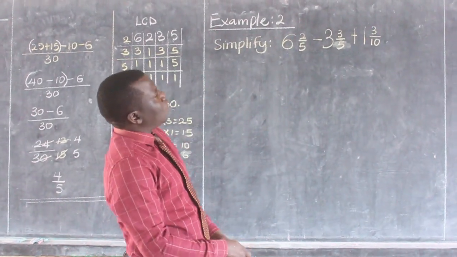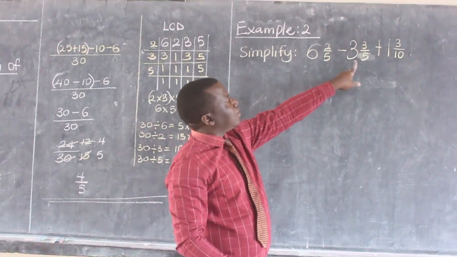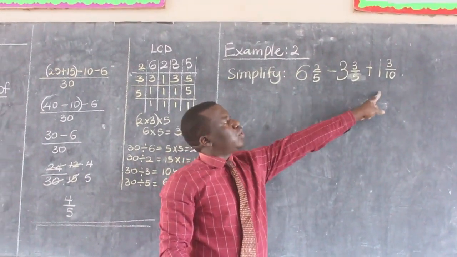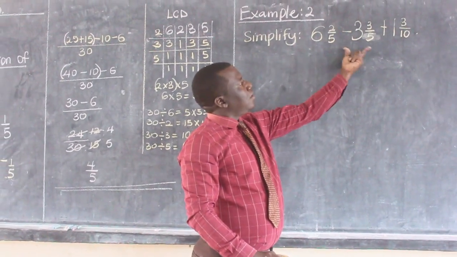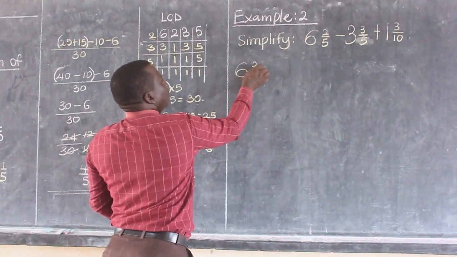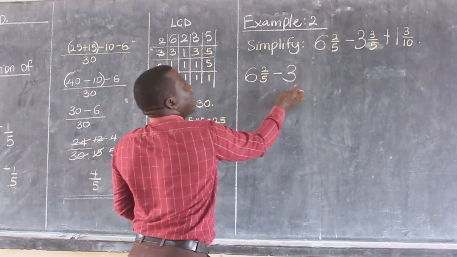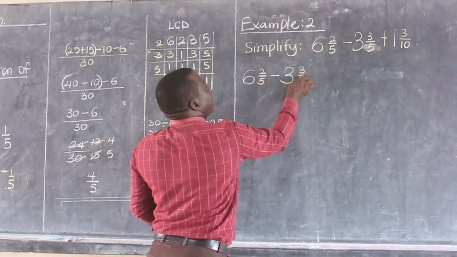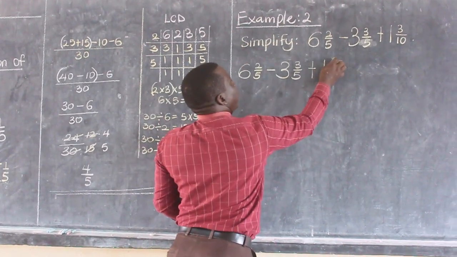So in a situation where you are seeing a number having whole numbers in every fraction, in every number there is a whole number, still rewrite your number again. 6 whole numbers, 2/5 minus 3 whole numbers, 3/5 plus 1 whole number, 3/10.